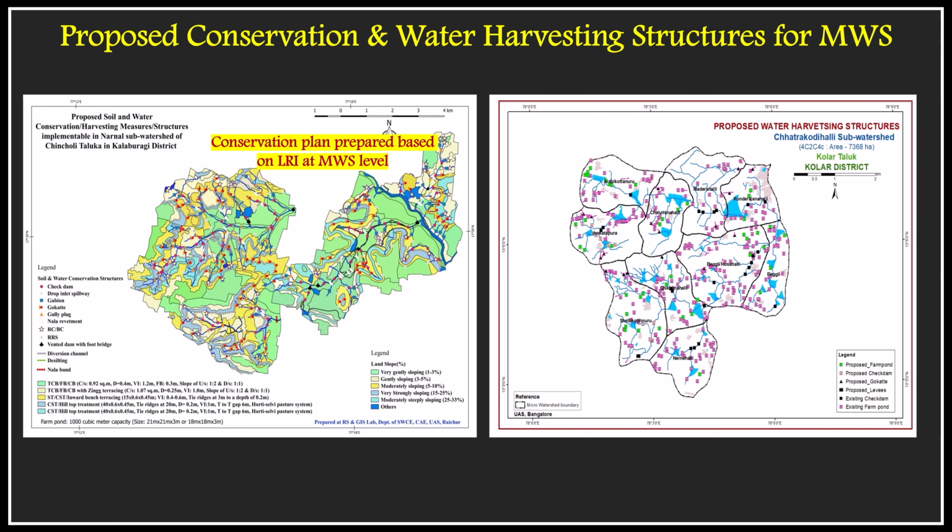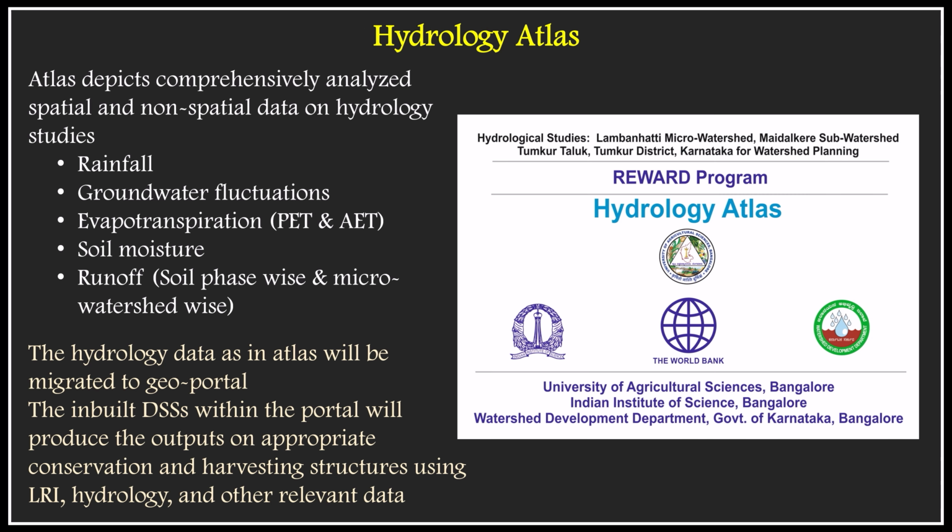Based on this data, conservation plan for watershed and proposed water harvesting structures are depicted in the map. In the end, considering all the parameters, Hydrology Atlas is prepared.